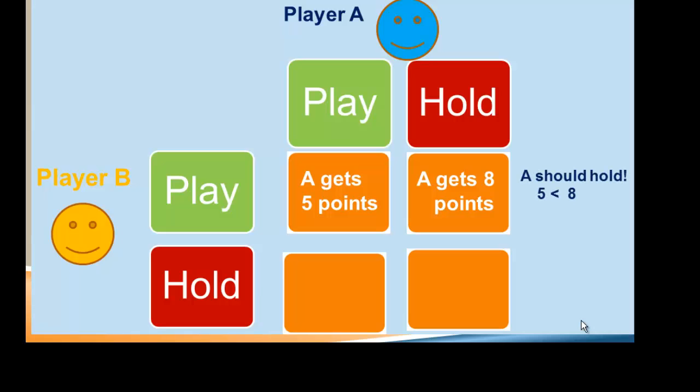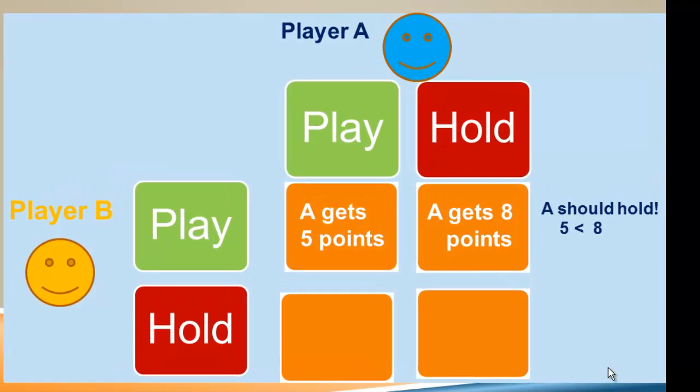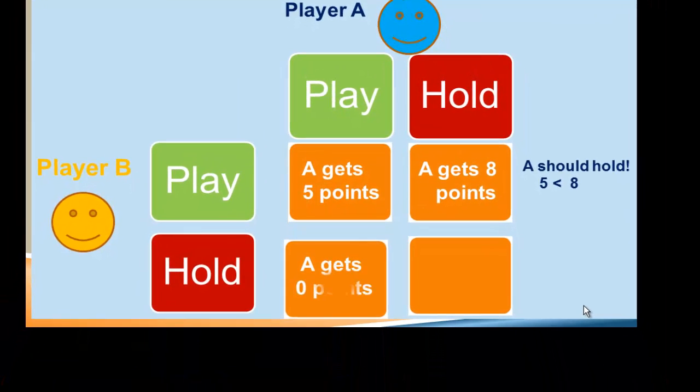And since 8 points is a greater number than 5, in the scenario where player B might play, player A should always hold. Well, what if player A plays and player B holds? Well, then A will get 0 points. On the other hand, if player A holds and player B holds, A will get 1 point.